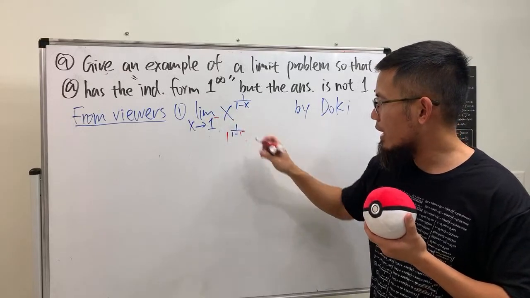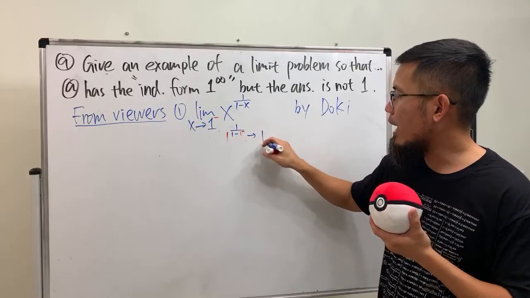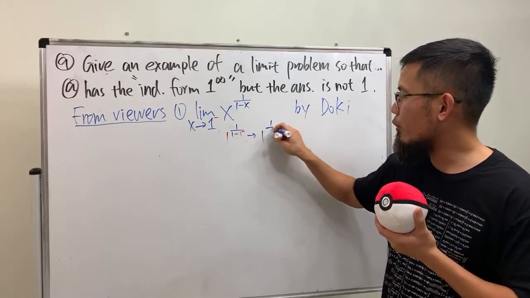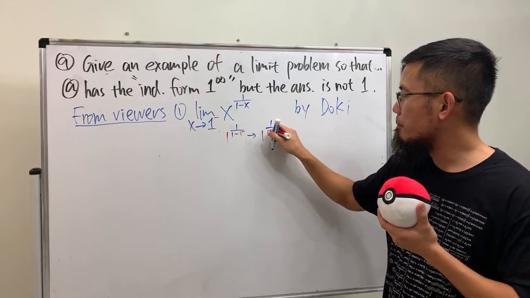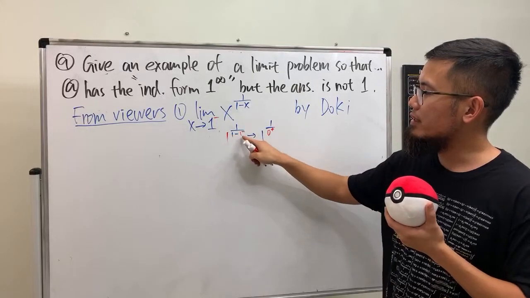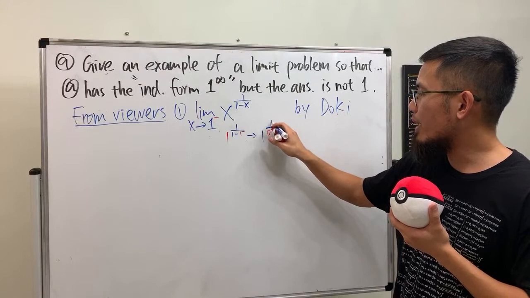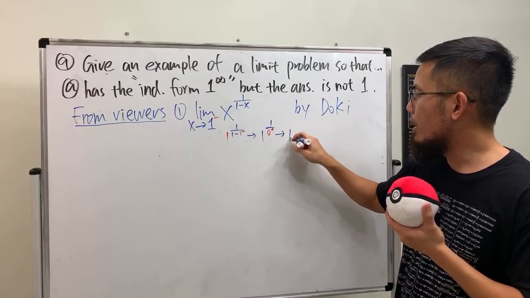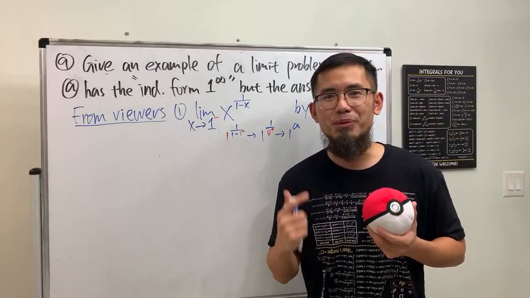Why? Because that way I can say that's 1 minus. And then this right here goes to 1, and the bottom is 1 over 1 minus is 0 plus. That's 1, and this is like 0.99. Yeah, so 0 plus. And this right here, 1 over 0 plus is 1 to the infinity's power. Perfect. That's exactly what I'm looking for, right?